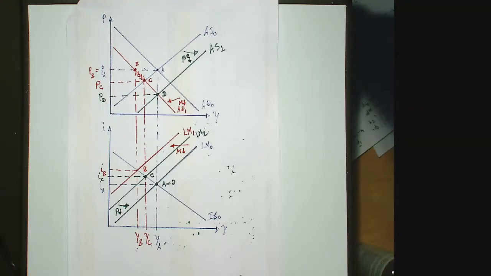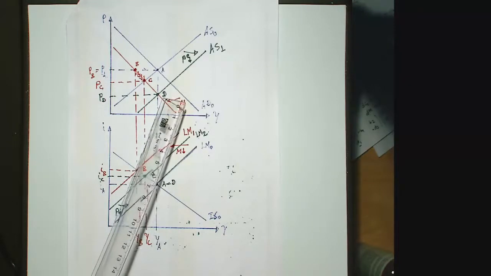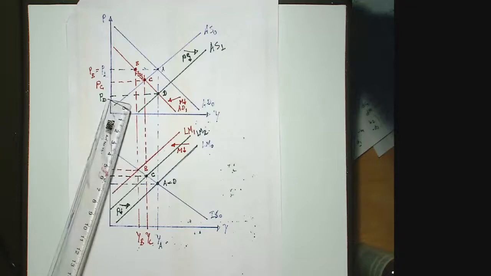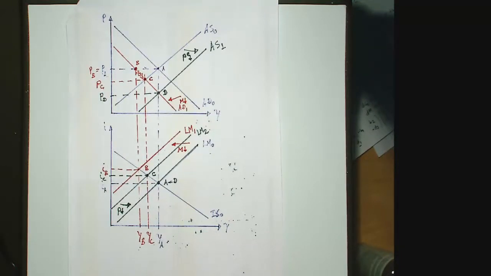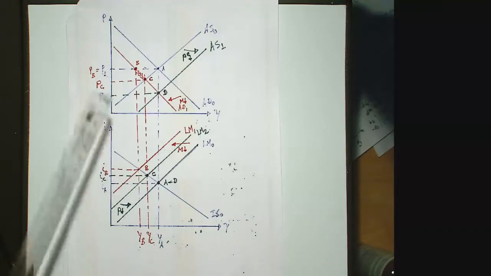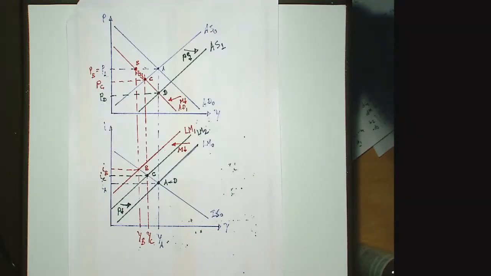When we moved from AS0 to AS1, we reached a new equilibrium, represented by point D. And at point D, we have noticed that the price level kept on falling, and it decreased from PC to PD. This decrease in price level was also reflected in our IS-LM model, where our real money supply, represented by the formula M divided by P, should increase because price is decreasing.